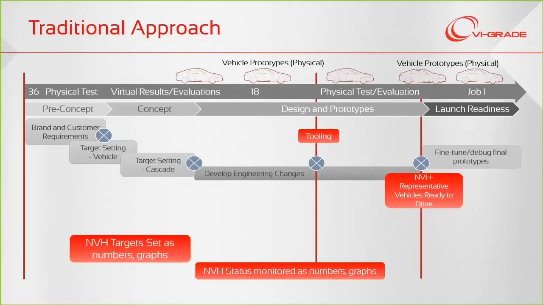We go along as we update the design, we update the prototypes. And really, by the time we get an NVH representative vehicle to drive, we're pretty late in the design cycle, well after hard tooling cutoff. So any problems we find here, we need to fix by adding cost and weight to the vehicle.